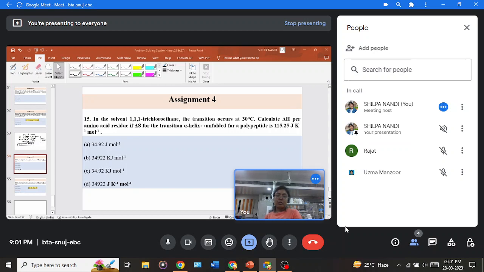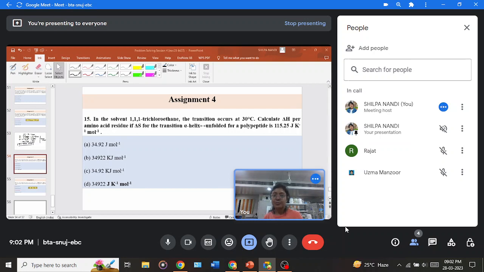If you relate it with the standard equation of Gibbs free energy, how do you find the Gibbs free energy? Delta G is equal to delta H minus T delta S. If you try to solve the question with that equation, you already have your delta S, and T is given as 30 degrees Celsius.